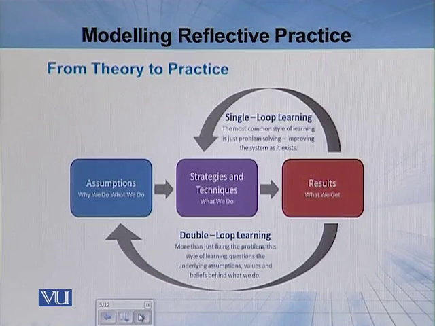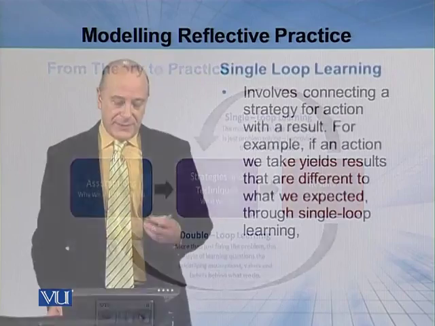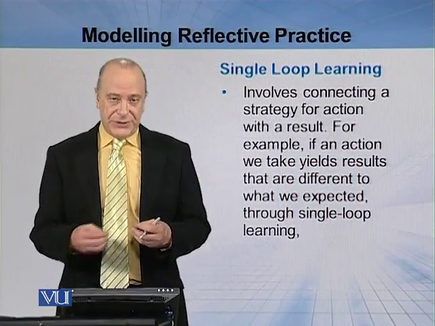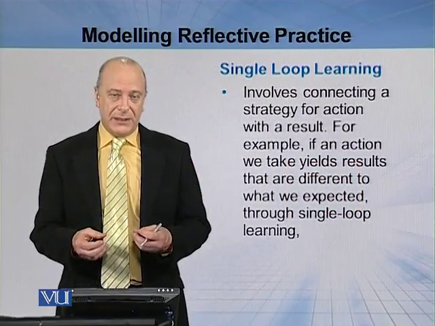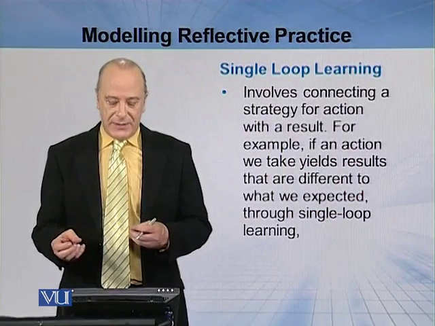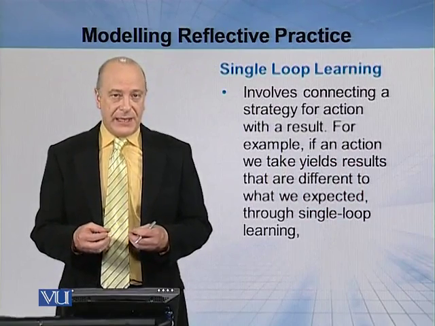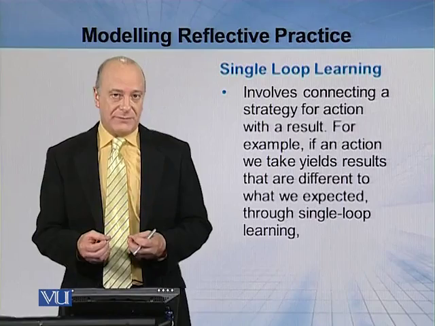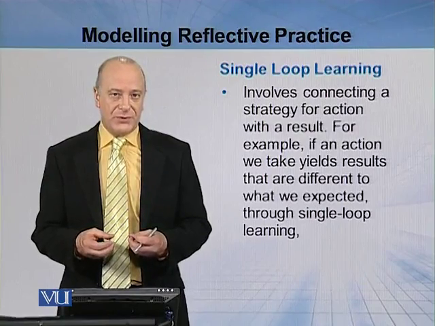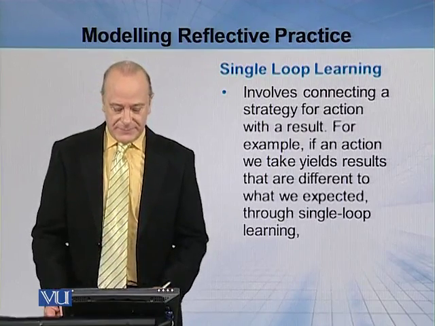So single loop learning and double loop learning are two approaches within this model to change practice, but one is quite fixed, the other is very flexible. Single loop learning relies on fixed practices, single ideas, and repetition of approaches, rather than trying to extend practice.